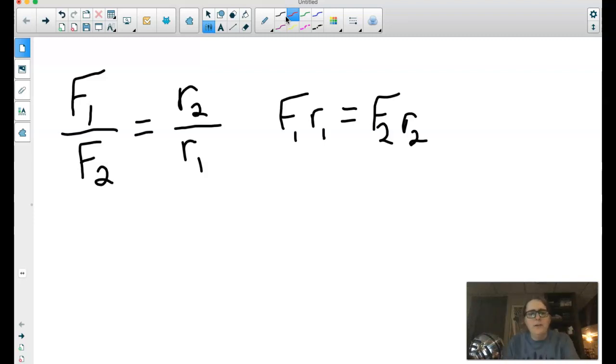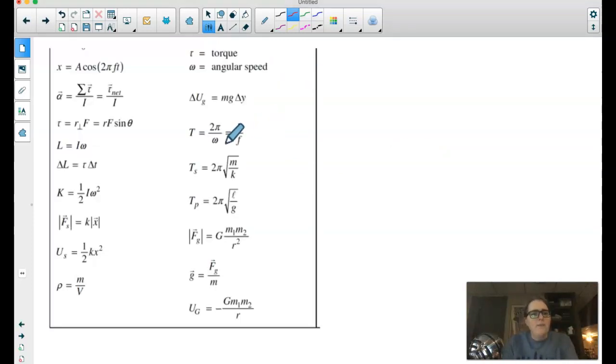Now, the reason I wanted to make sure to talk about the product is that this framing, where we think about the force times the distance, ends up leading us to an important definition. So if I take a look at the formula sheet, if I'm looking in the lower left corner, we're going to end up using this equation right here, where that funny looking T is defined as torque.